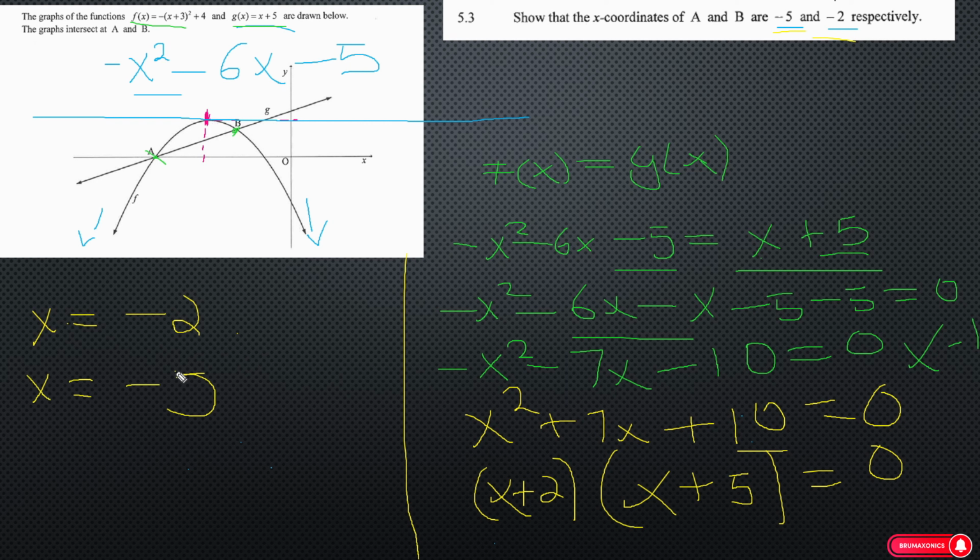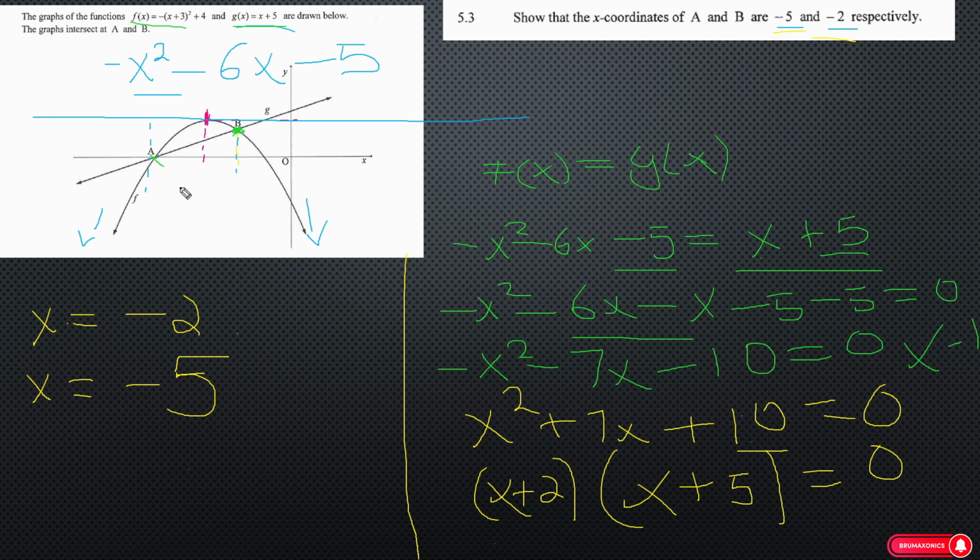Even though they cannot tell you about the positions, you should be able to see that negative 2 will be somewhere here. Sorry about the color. And then negative 5 will definitely be somewhere here.